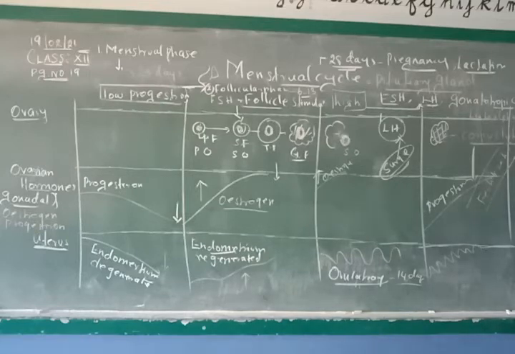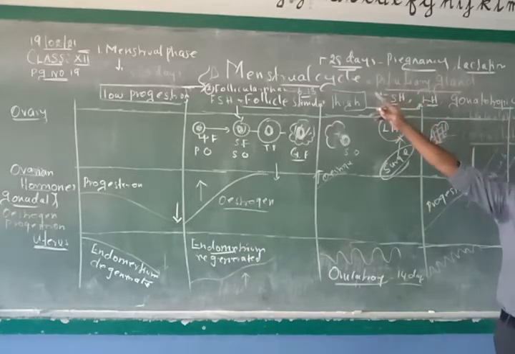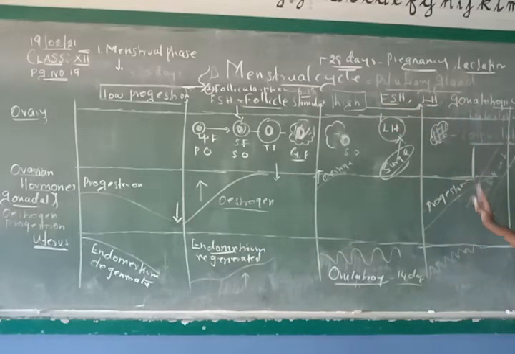So 28 days for a menstrual cycle. This is only at the time of fertility. Fertilization means corpus luteum will be there, progesterone will be there, and the endometrium is made thicker and stronger. Why? I told you at the beginning, the egg will come and implant on the wall of the endometrium, so it should be stronger.